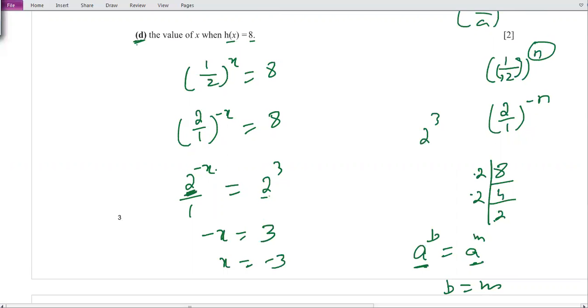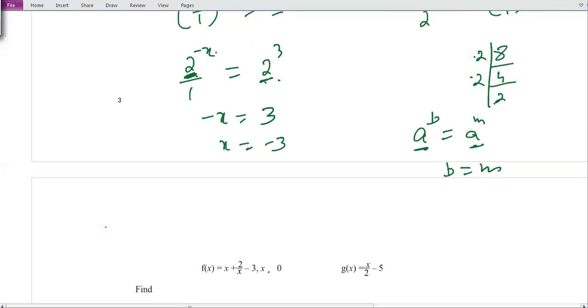On this side it was 2, so on this side I also make 2 by dividing with 2. 8 is 2 by 2 by 2, I can write it as 2 power 3. So in place of 8, I write 2 power 3. When the bases on both sides are equal, the powers will also be equal. So minus x will be equal to 3. So this technique will be used here. Got it?